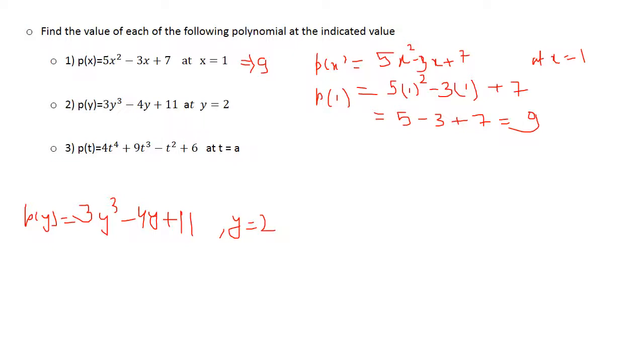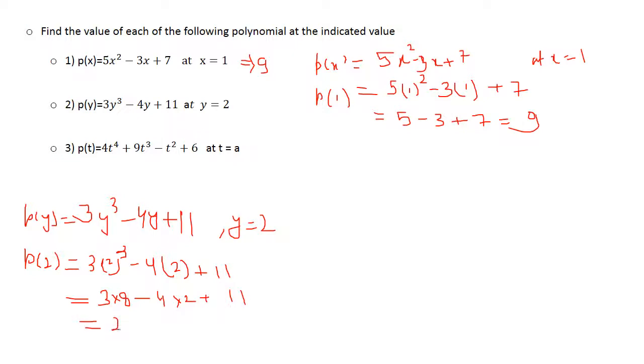Again we substitute 2 in place of y: 3 into 2 power 3 minus 4 into 2 plus 11. 2 cube equals 8. So 3 into 8 minus 4 into 2 plus 11, and this becomes 24 minus 8 plus 11.